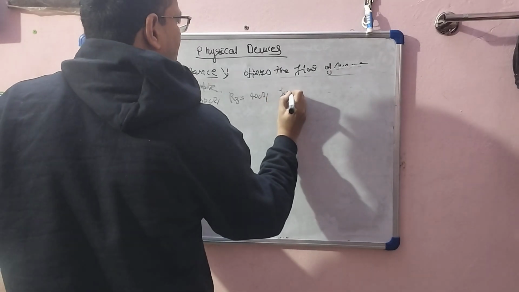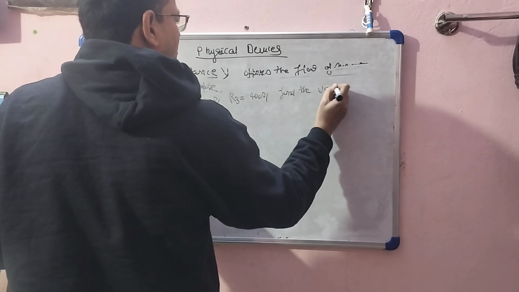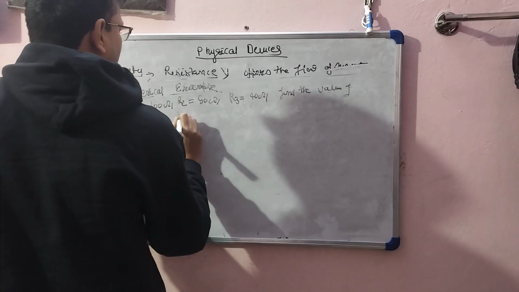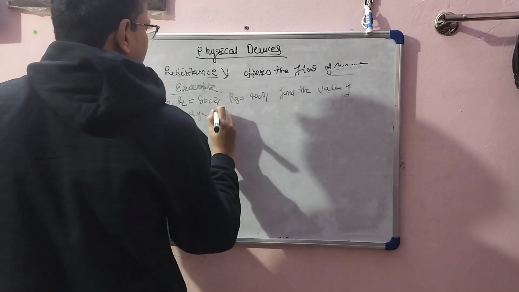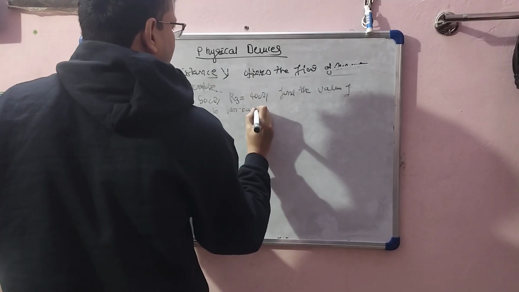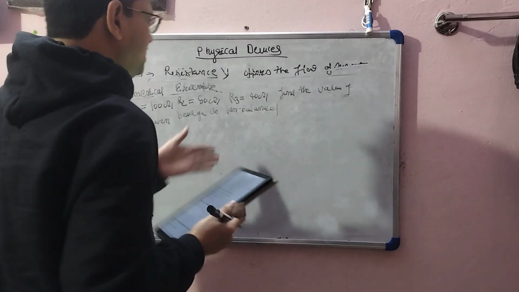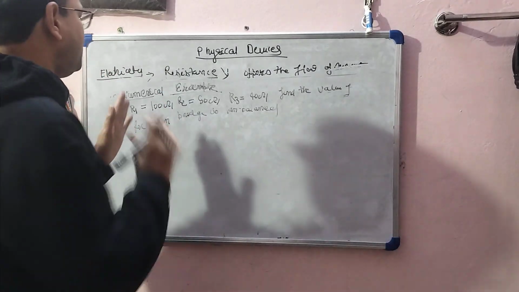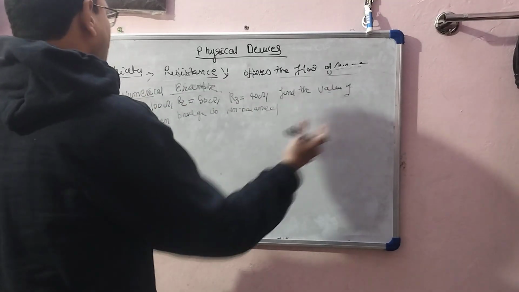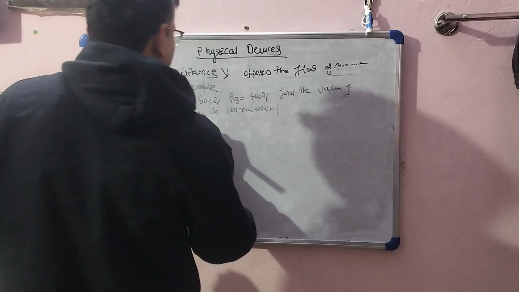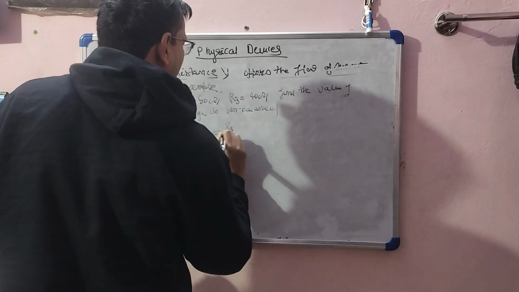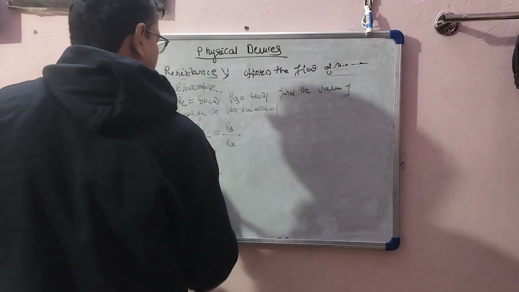Find the value of Rx when the bridge is balanced. In the question, R1, R2, R3 are mentioned, and the unknown resistance Rx. The simple balance equation is R1 upon R2 equal to R3 upon Rx, the unknown resistance.